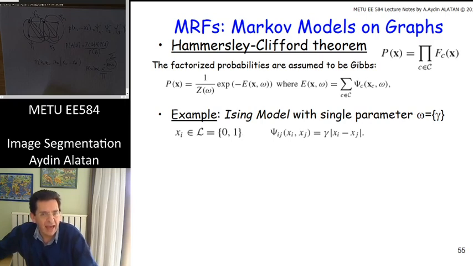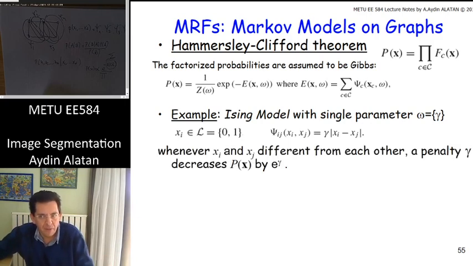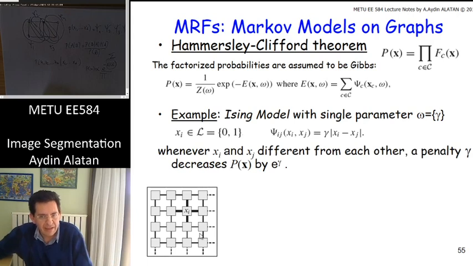Now, let's have some random selections from such a large pixel or random variable set. Let's assume these are x1, x2, xi, and let's take a sample from this distribution. This is a probability distribution. It will give more likely samples for us.